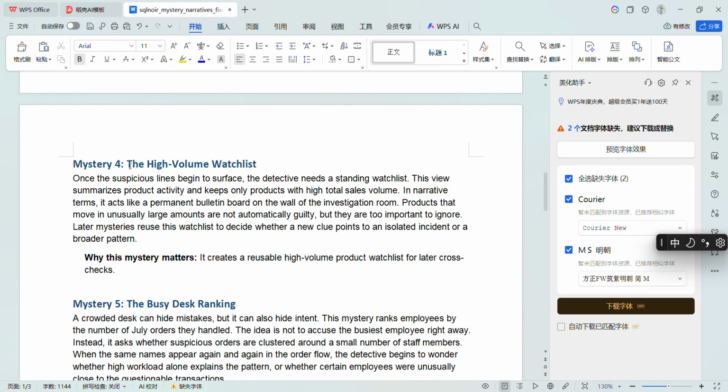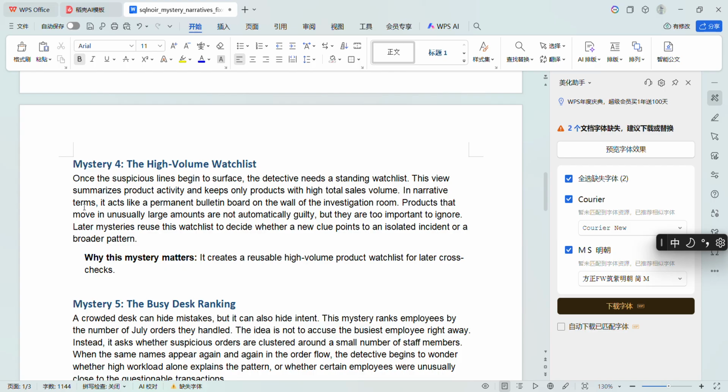Mystery 4. The high volume watch list. Once the suspicious lines begin to surface, the detective needs a standing watch list. This will summarize product activity and keep only products with high total sales volume.